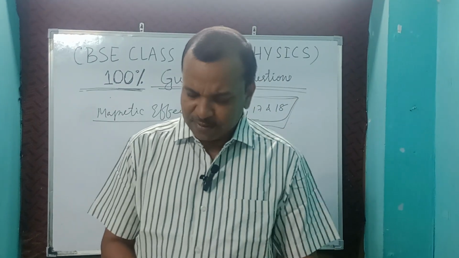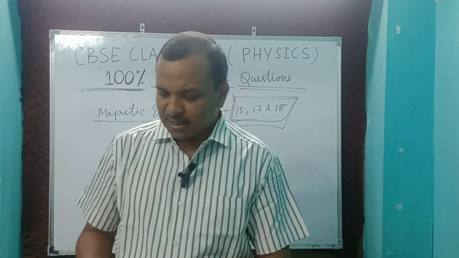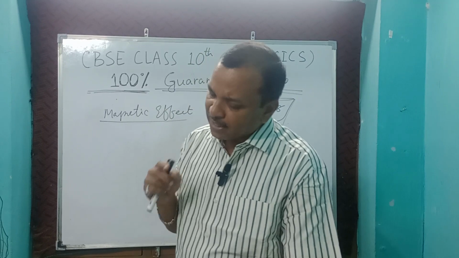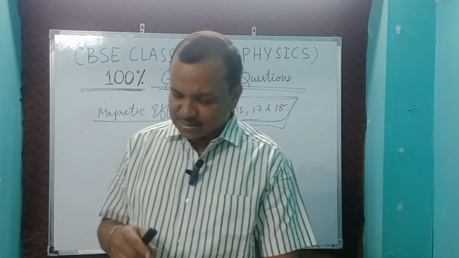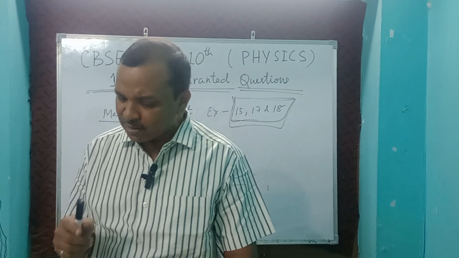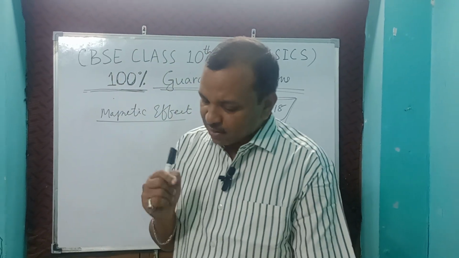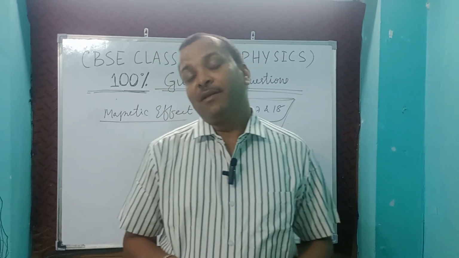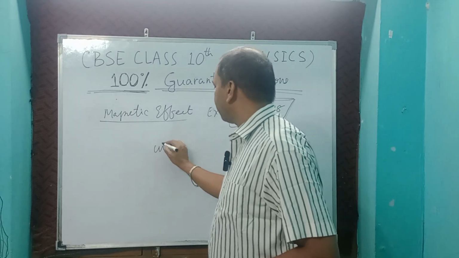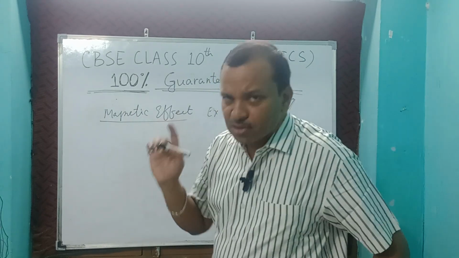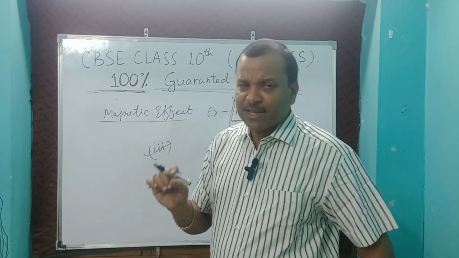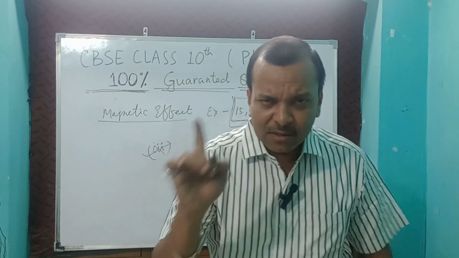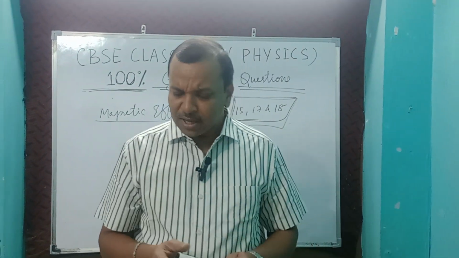Let us read the question. 15: State the rule to determine the direction of magnetic field produced around a straight conductor carrying current, the force experienced by the current-carrying straight conductor placed in a magnetic field which is perpendicular to it, and the current induced in a coil due to its rotation in a magnetic field. The third bit is the right hand rule. It is not in our syllabus this year, so it is not going to come, but the first part and second part will come from question number 15.